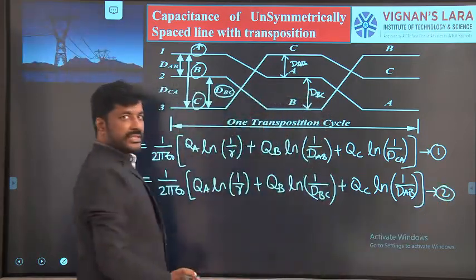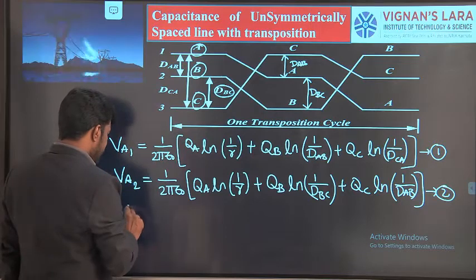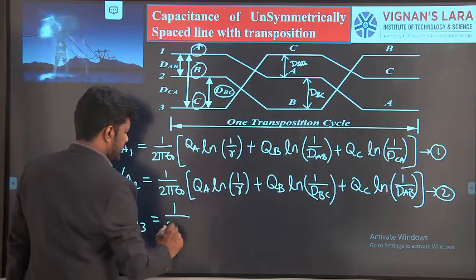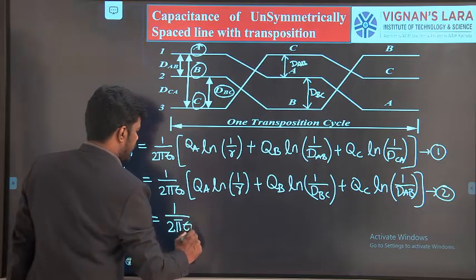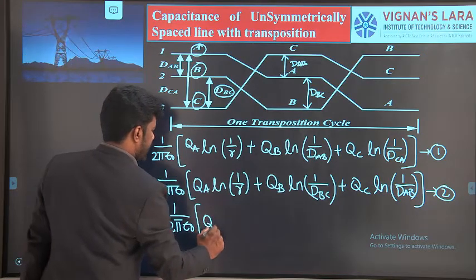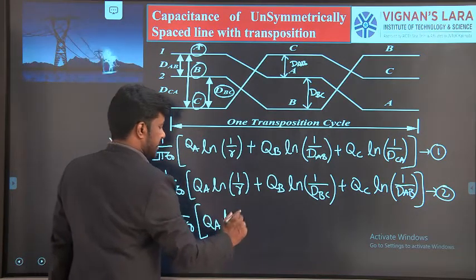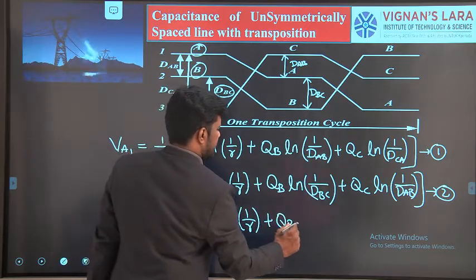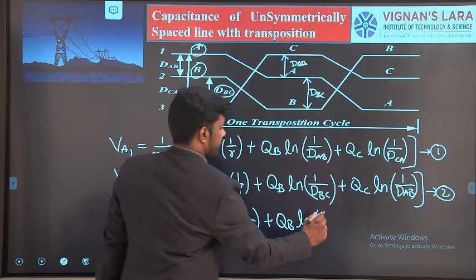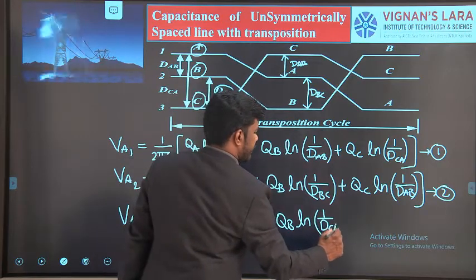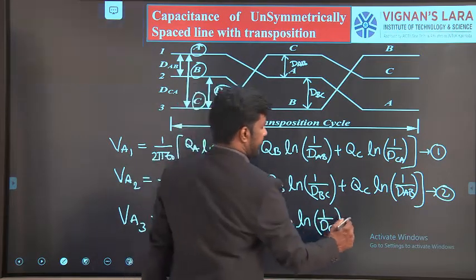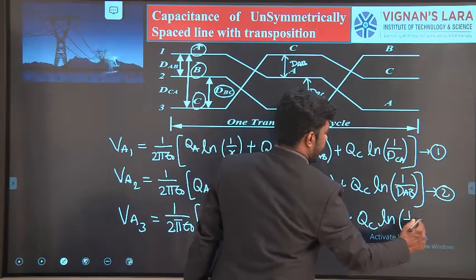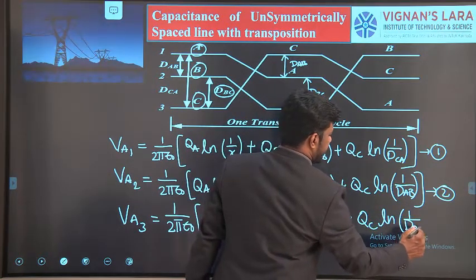Coming to the third equation, the potential of conductor A in the third section is written as 1 by 2 pi epsilon naught of QA, the self-charge, ln of 1 by its own radius, plus QB separated by a distance of DCA, which you can get from the figure, plus QC ln of 1 by DBC.